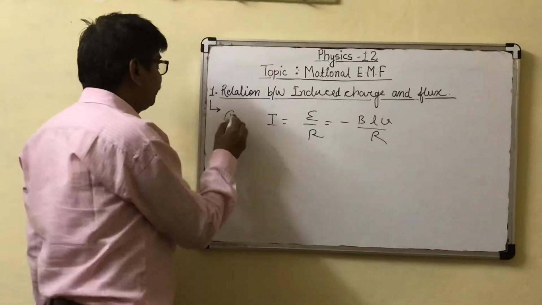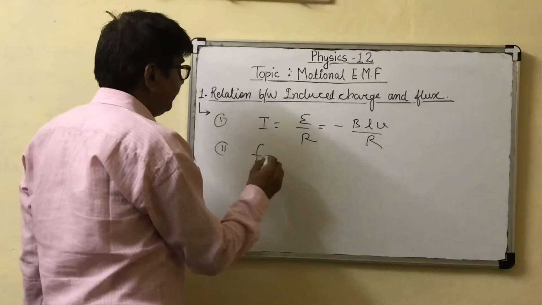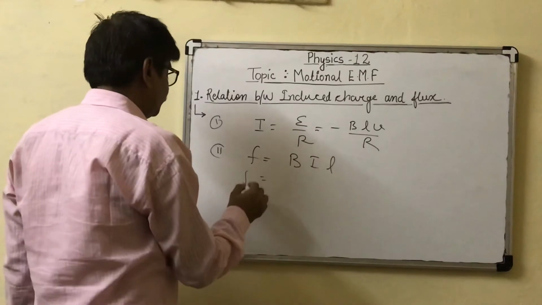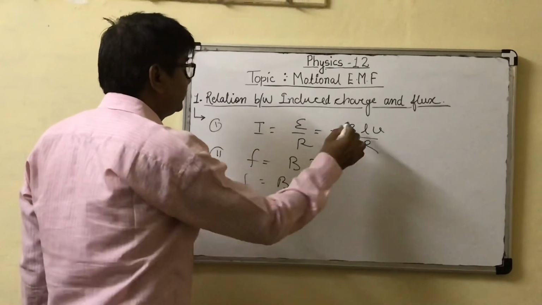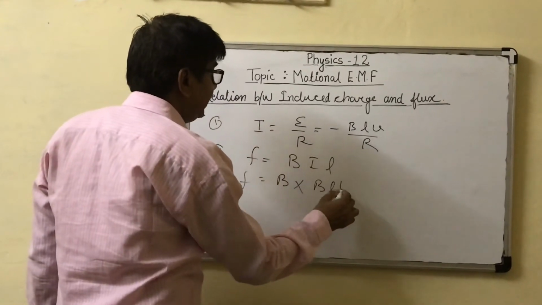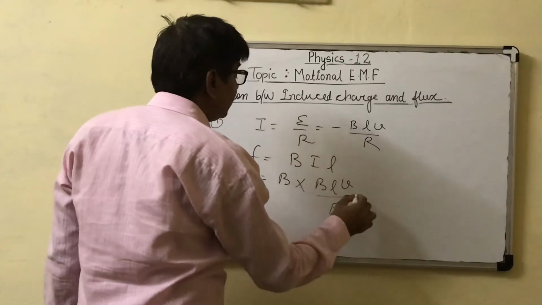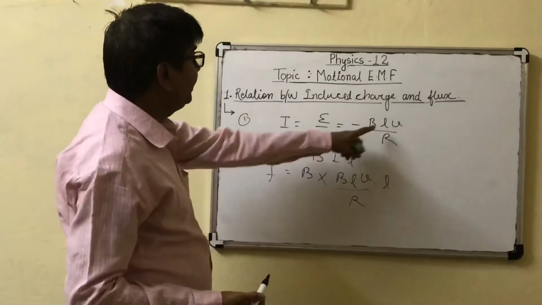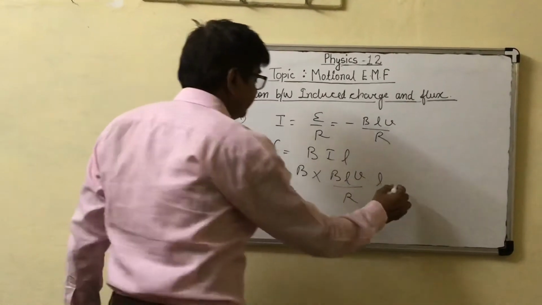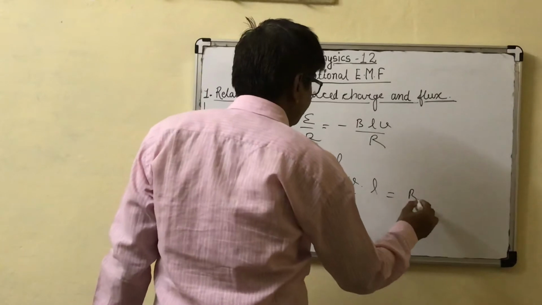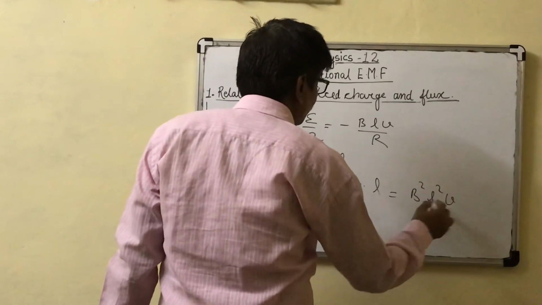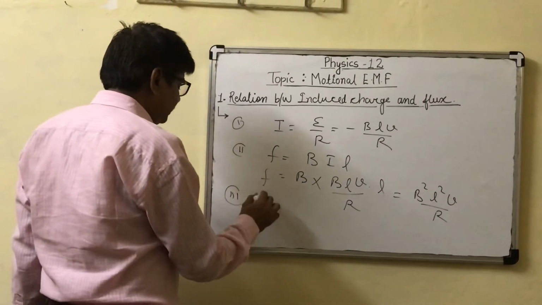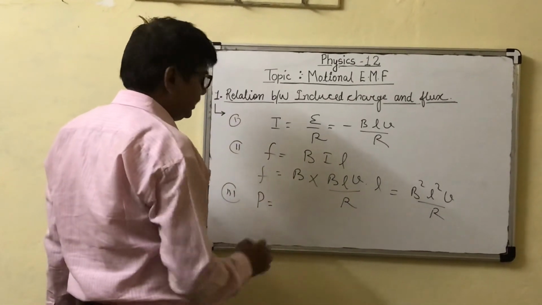Suppose we have to calculate force, F is equal to B I L. Putting the value of I, I means B L v upon R, so that is B square L square v by R. This is force.